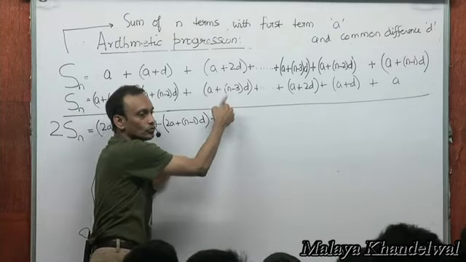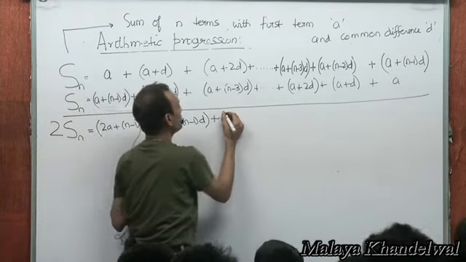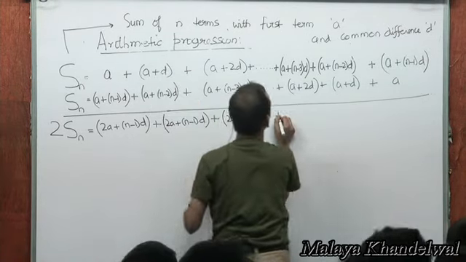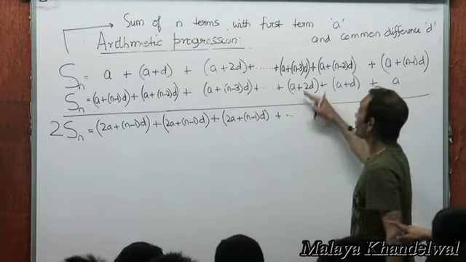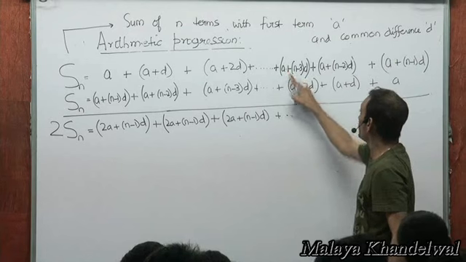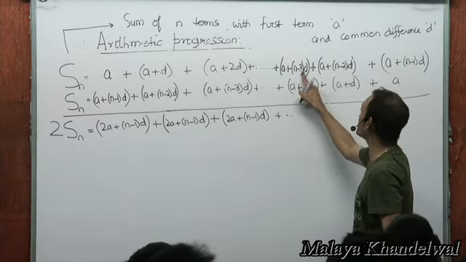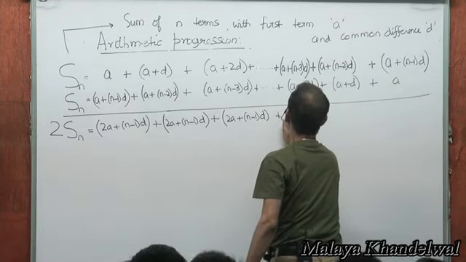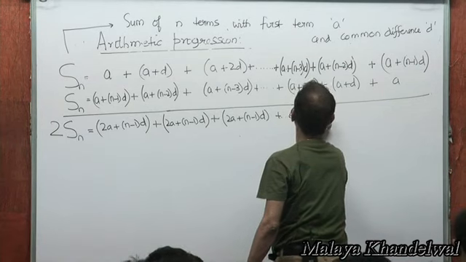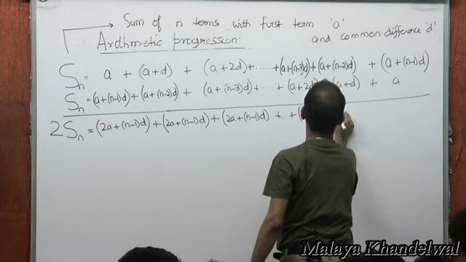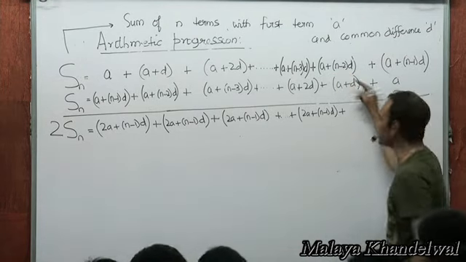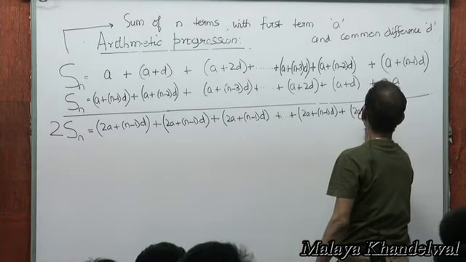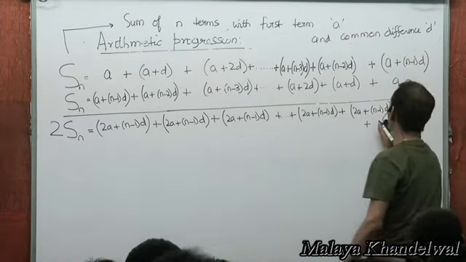If I add these two, 2a plus n minus 1 into D. If I add these two, 2a plus n minus 1 into d, since n minus 3 plus 2 would be n minus 1, yes or no? Two a plus n minus 1 into d, yes or no?